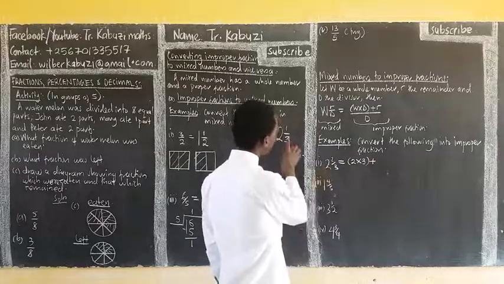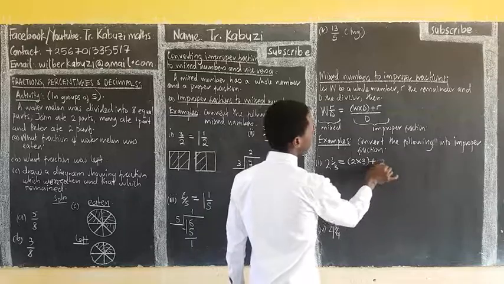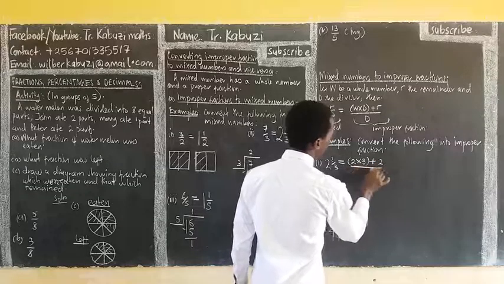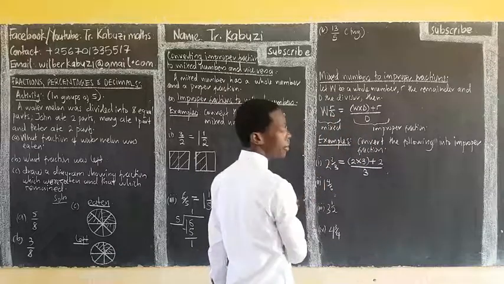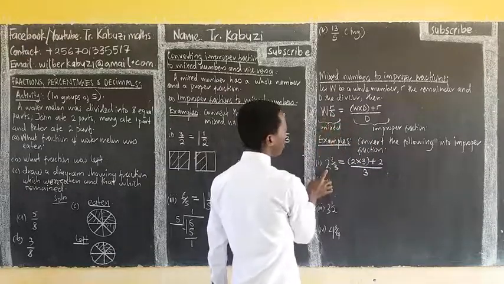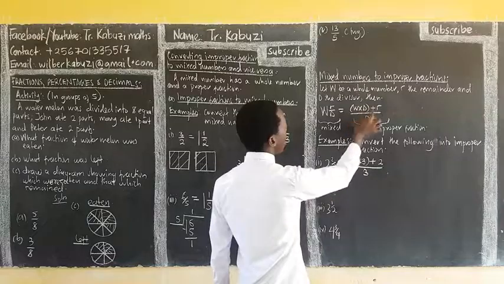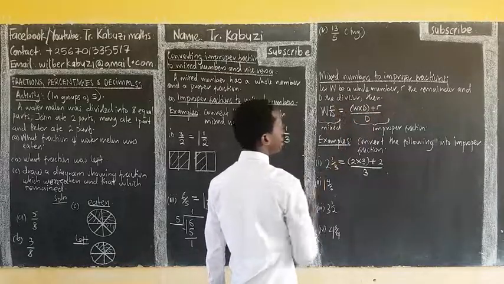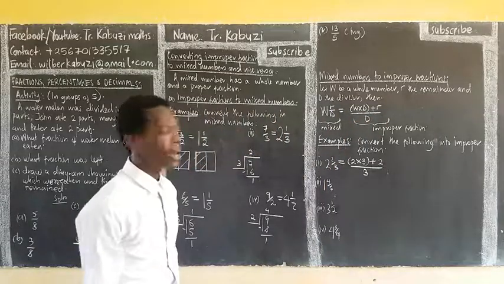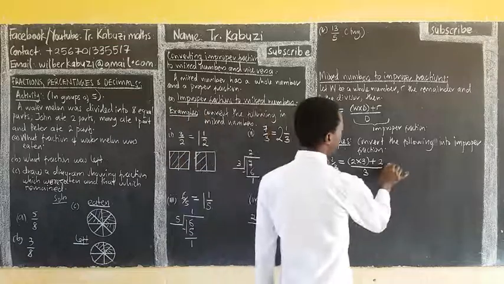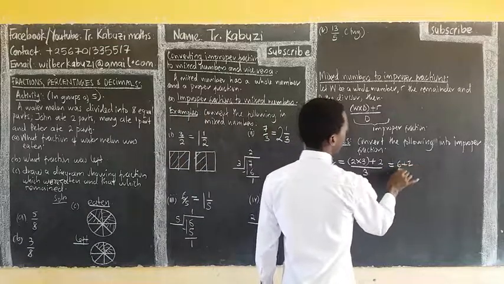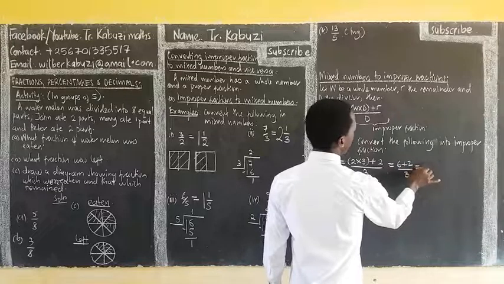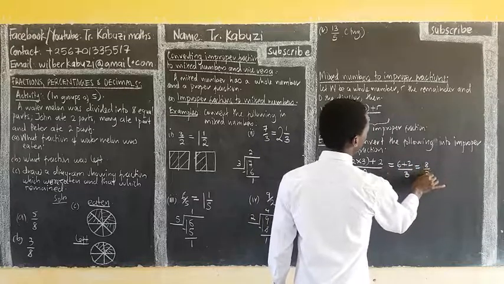Our D here is 3, our W is 2, and our remainder R is 2. So that's how we handle that one. This is 6 plus 2, the whole over 3. It's going to give us 8/3.